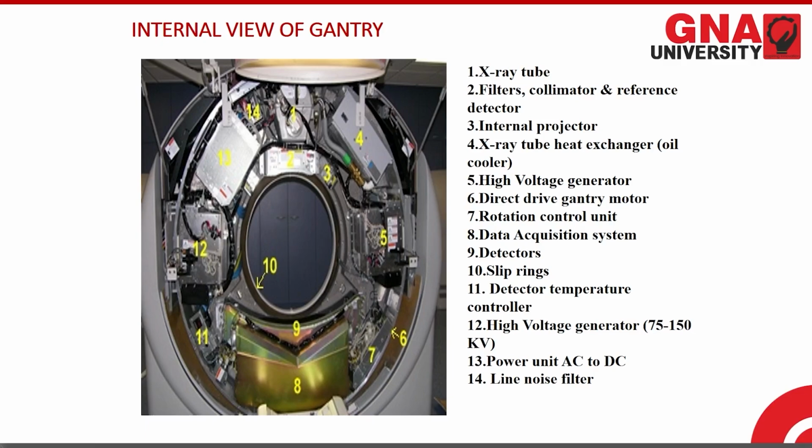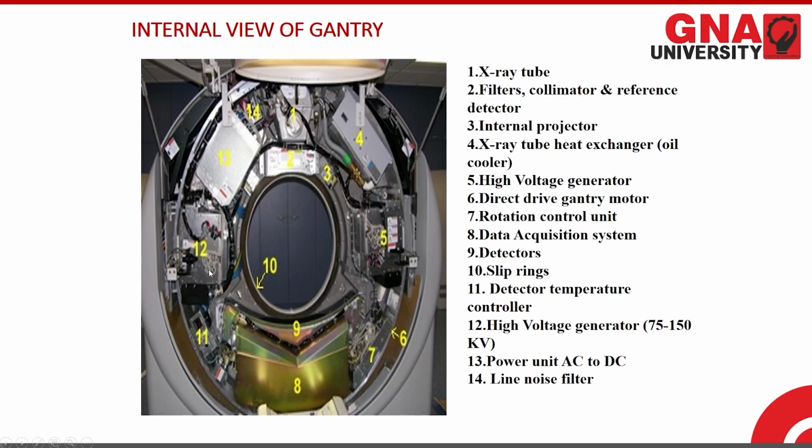Then continuing on the electronics present in the CT gantry, on number 11, you are able to see the detector temperature controller. As the X-ray is continuously falling on the detectors, they may sometimes heat up. We need to keep a check on the temperature of the detectors also. So this particular electronic set is specialized for that purpose. On number 12, you are seeing the high voltage generator.